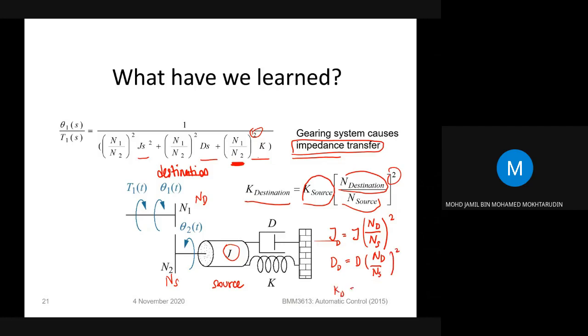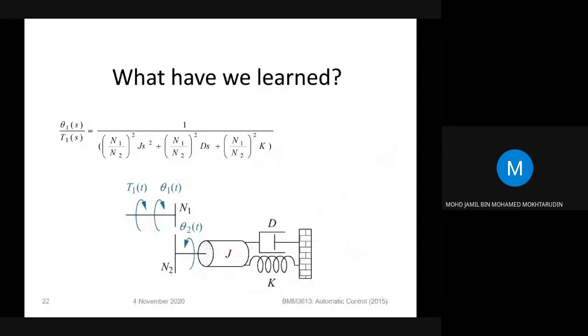And same for KD. So D is also the same, you need to multiply with N1 over N2 squared. K is also the same.